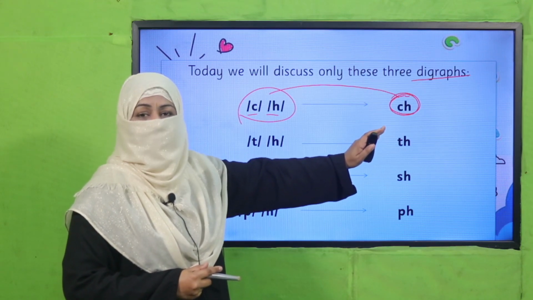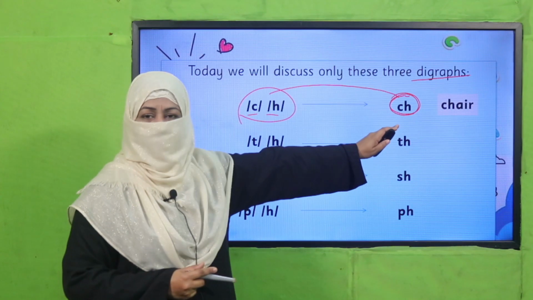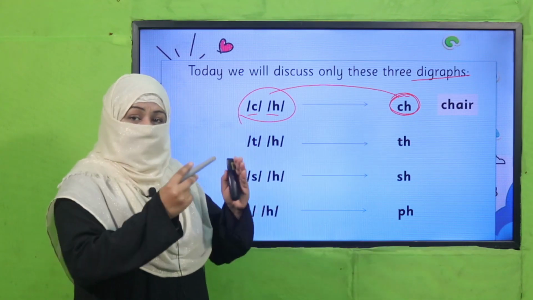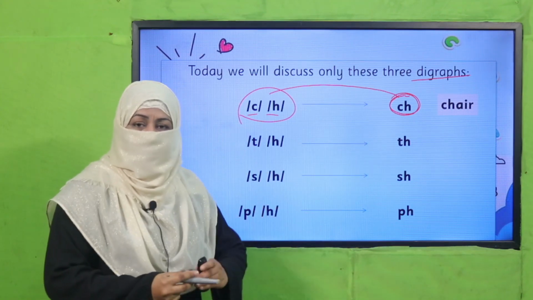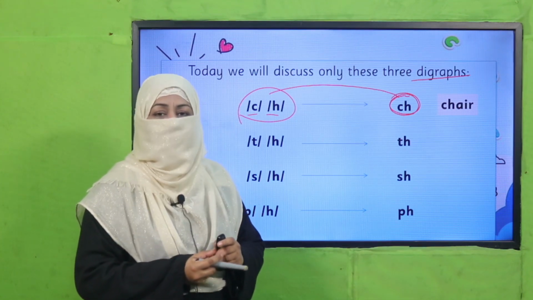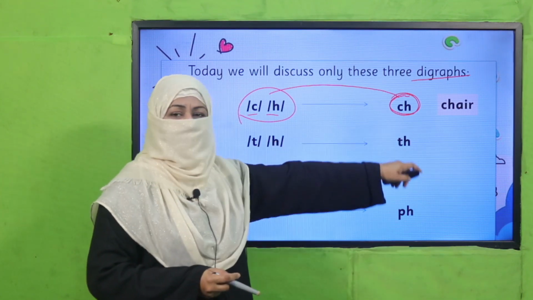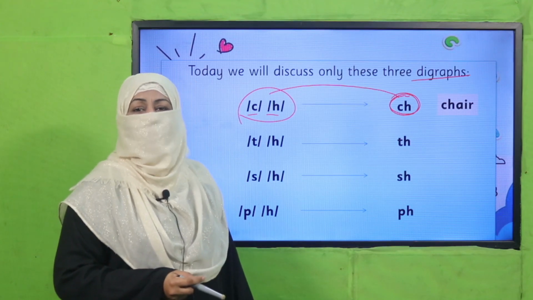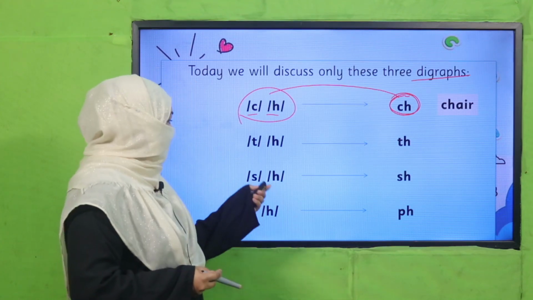What is the sound? Ch, as in chair. So, C and H both drop their sound and together they become a new sound that is called a digraph. And the sound of this digraph is ch, as in chair, right?